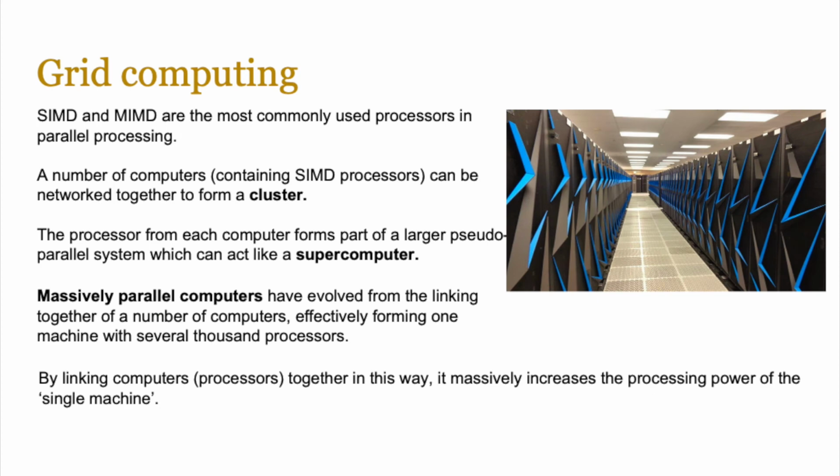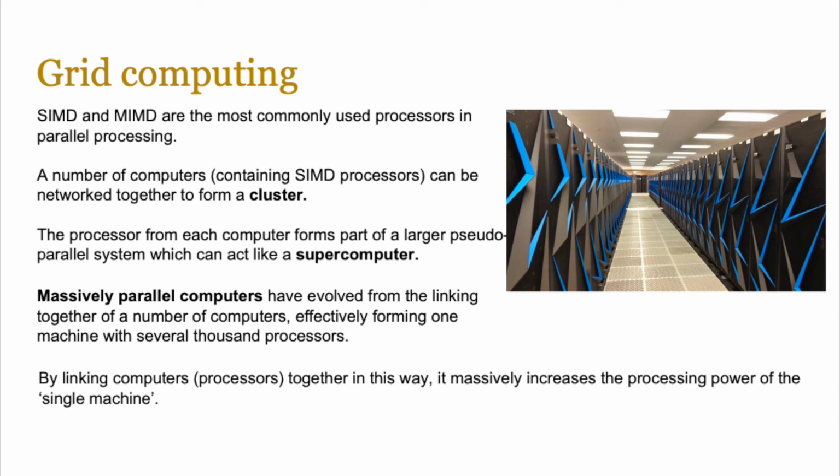Okay, let's move on to grid computing or parallel computer systems. How do we actually create these parallel computer systems? SIMD and MIMD are the most commonly used processors in parallel processing because you're working with multiple data sources. A number of computers, mostly containing SIMD processors, can be networked together to form a cluster. The processor from each computer forms part of a larger pseudo-parallel system, which can then act as a supercomputer.